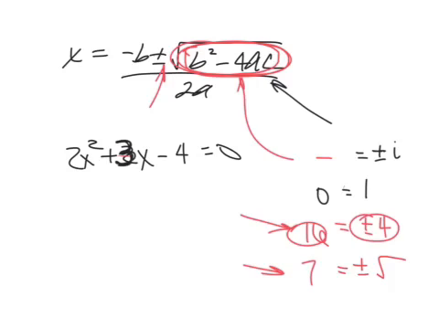Okay, so let's look at this real quick again. If when we put the numbers in here we get a negative answer, we get two imaginary numbers for our answer. When we get a 0 when we put all these together, we get one answer, and that one answer is just a regular old number. Okay?